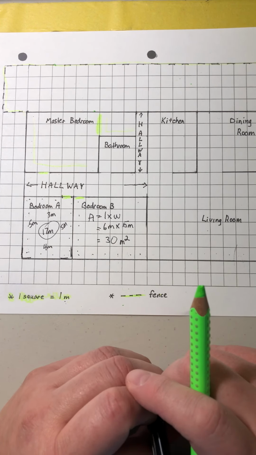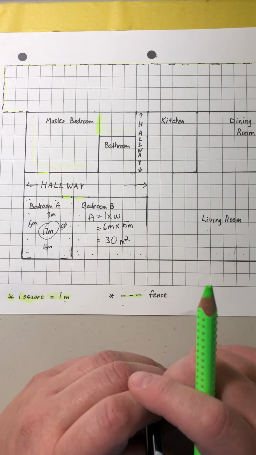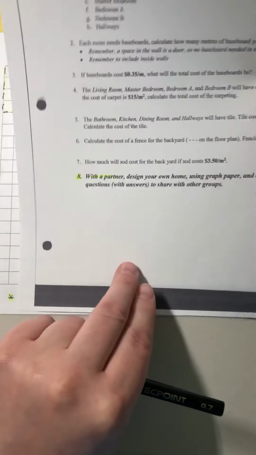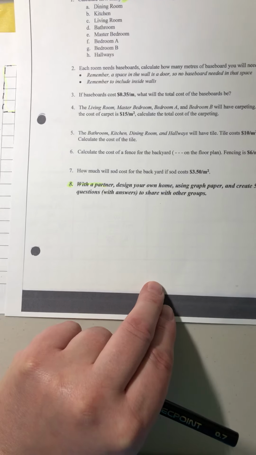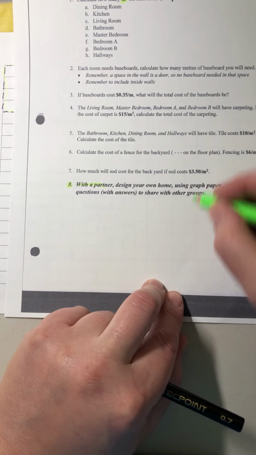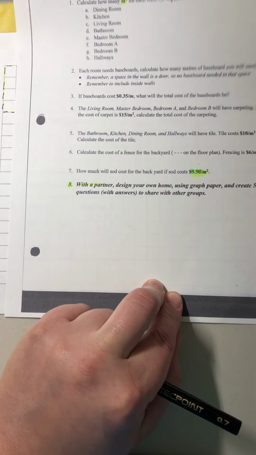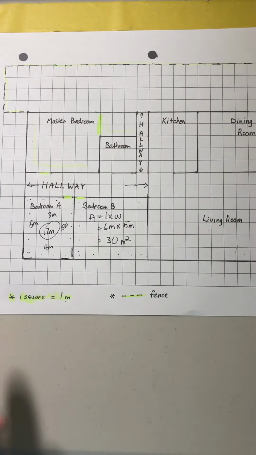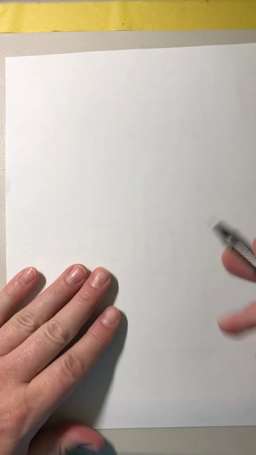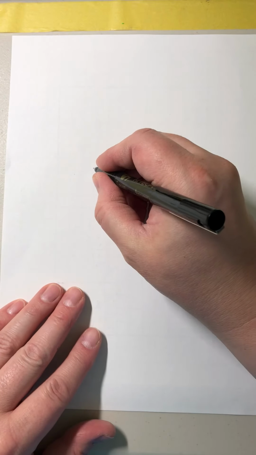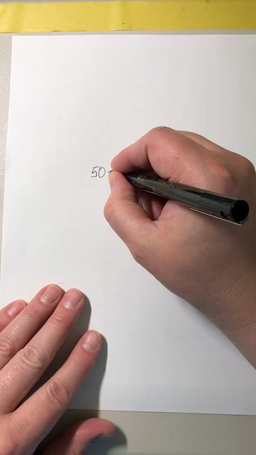when you're finding the cost of something, for example, question 7's asking you the cost of sod, and it's $3.50 a square meter. That means you would find out how many square meters of grass you may need, and I'll just use an example, say 50 square meters.